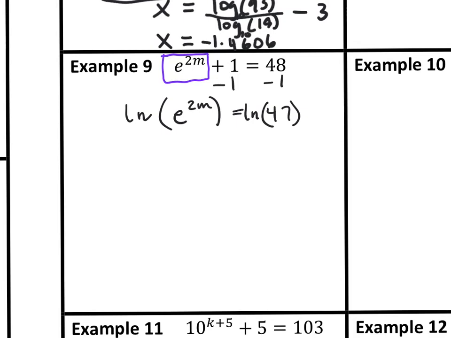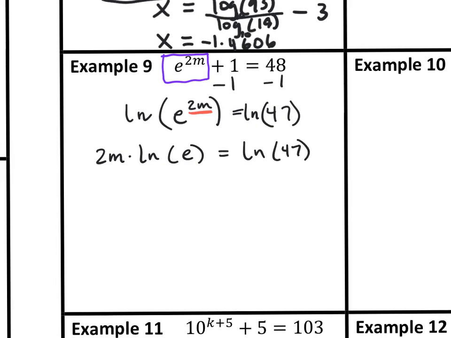And again, the purpose of doing this is to make sure that we can use the power rule of the logs. So what I want to do is move the 2m to the front. So it's going to be 2m times ln of e equals ln of 47.